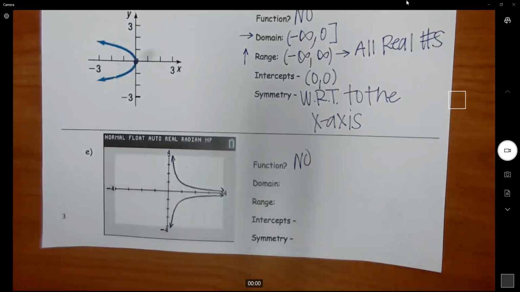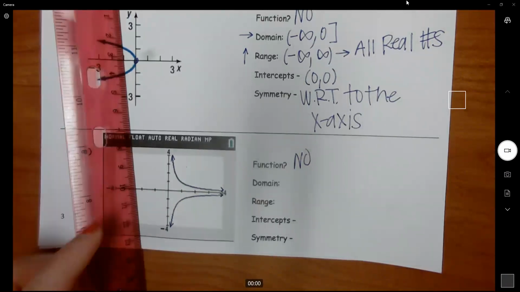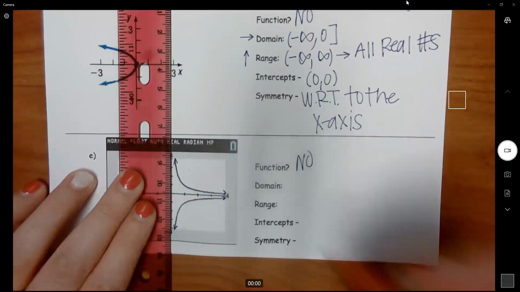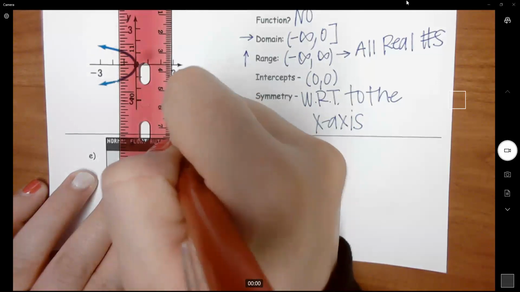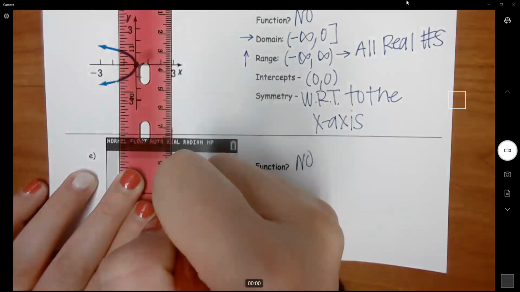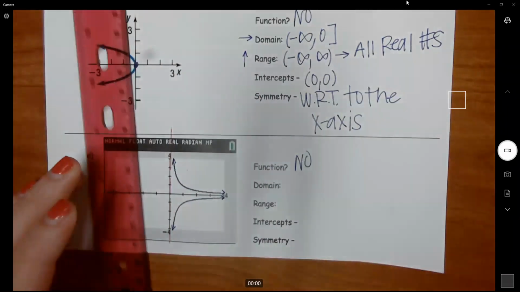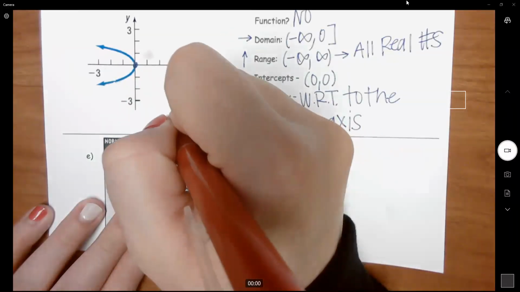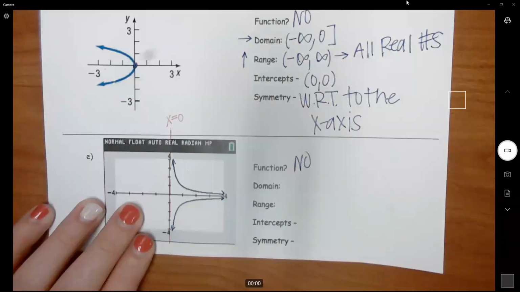And this one's tricky because we haven't really learned much about it, but you're gonna have one similar to it on your homework. These are considered rational functions. And you have an asymptote here, which means it's going to approach it, but it is never going to touch it.